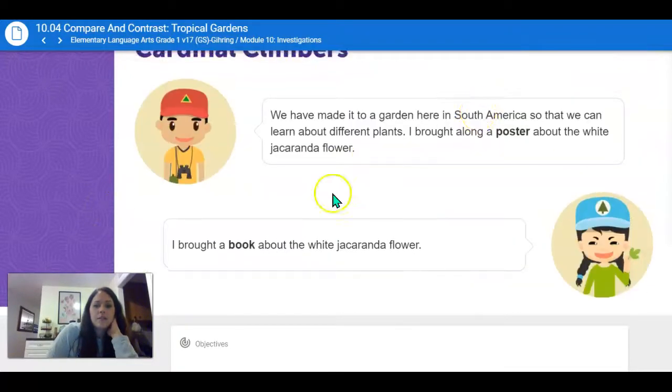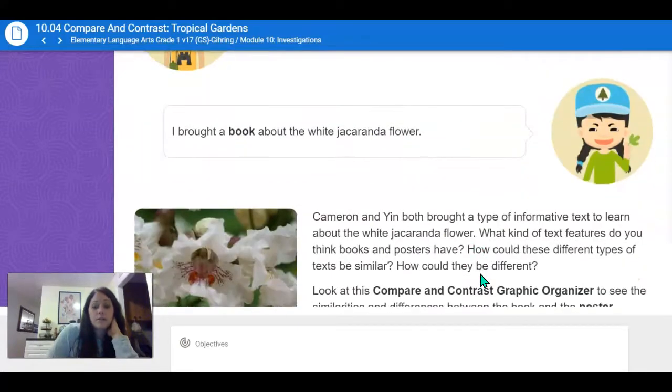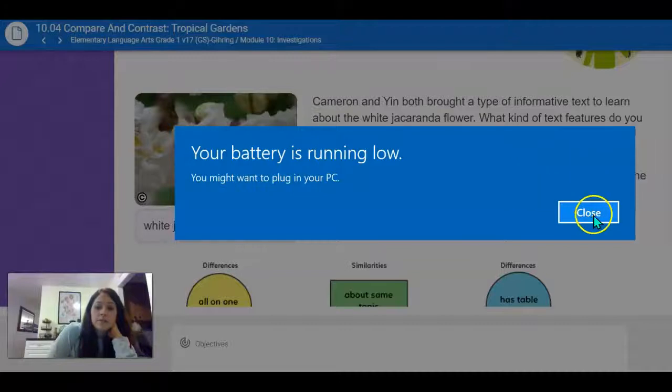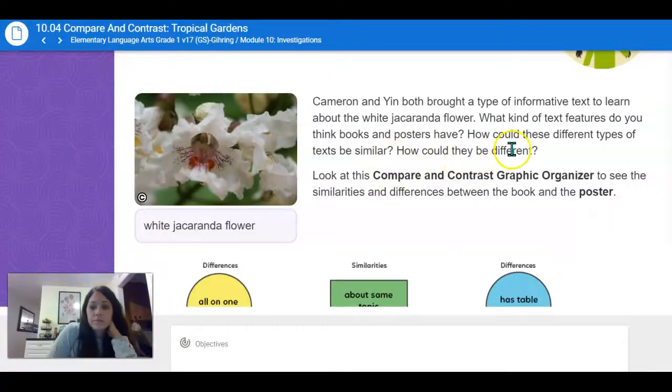And this little girl says, I brought a book about the white Jakarta flower. So Cameron and Yin both brought a type of informative text to learn about the white Jakarta flower. What kind of text features do you think books and posters have? How could these different types of text be similar? How could they be different?